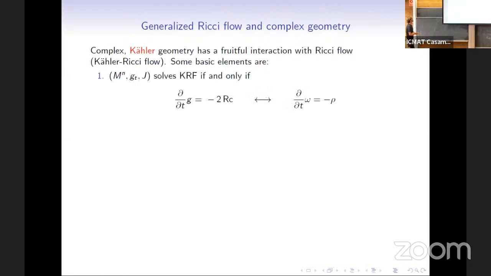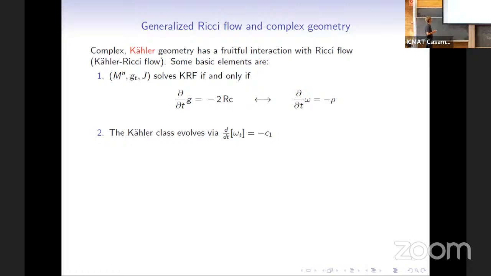So the most rudimentary points of this: we say a one parameter family, a complex manifold M, J and a one parameter family of metrics solves Kähler-Ricci flow if and only if the metrics are just evolving by the Ricci flow equation here, which is the same as the Kähler forms omega evolving by minus rho. So rho is the Ricci form, the Ricci tensor paired with J, factor of 1/2. So some very basic points of Kähler-Ricci flow.